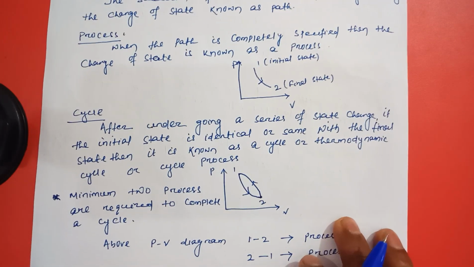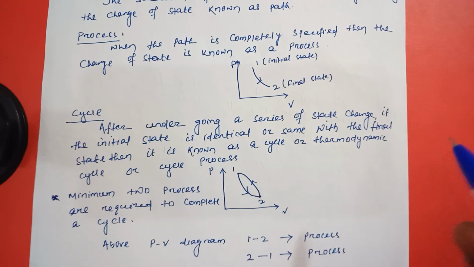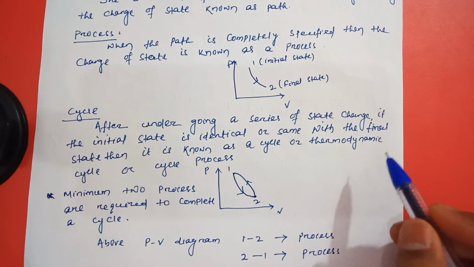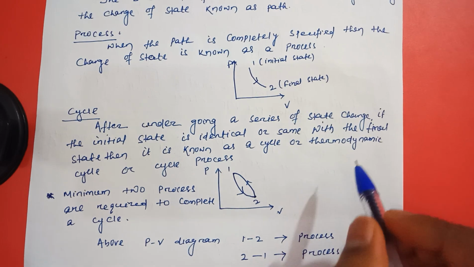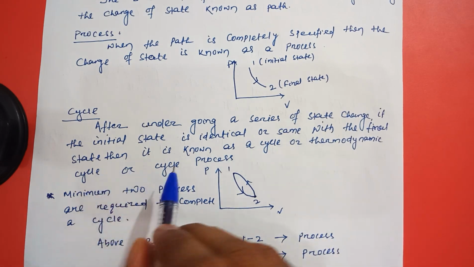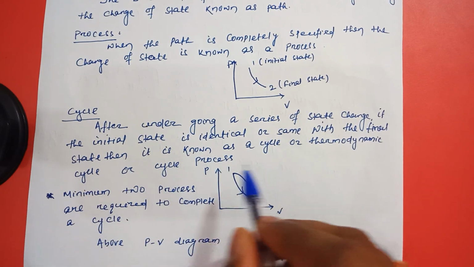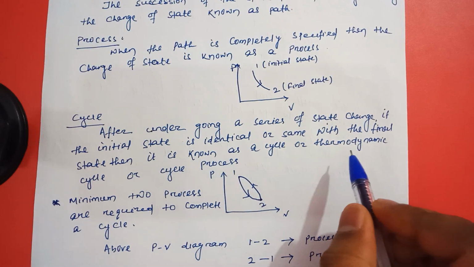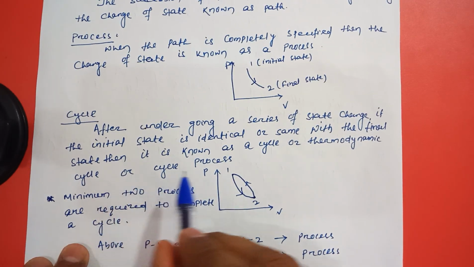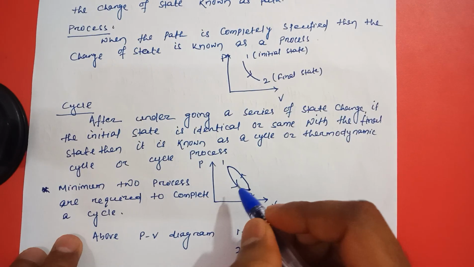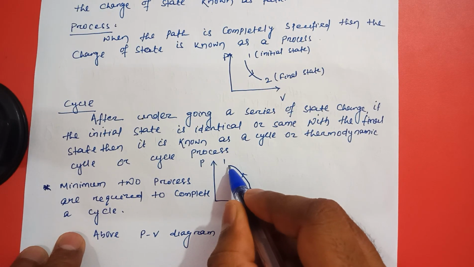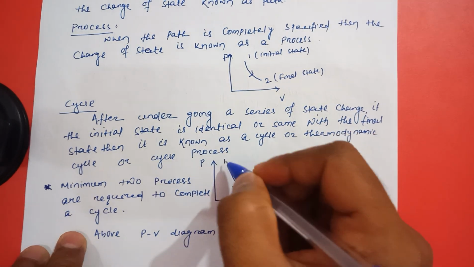What is a cycle? After undergoing a series of state changes, if the initial state is identical or the same as the final state, then it is known as a cycle. Your initial state is 1 and the final state is also 1.